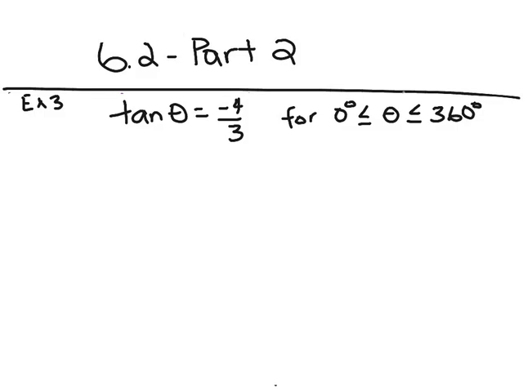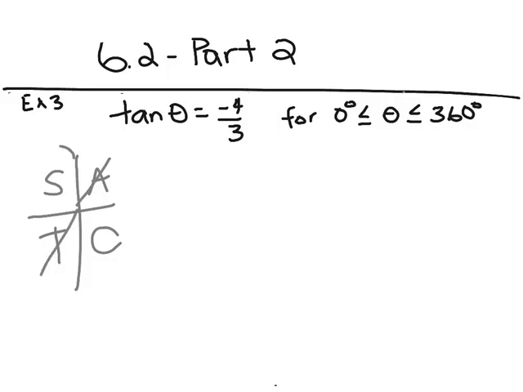So first we're going to decide which quadrants it's going to lie in. Because of CAST, we know that in quadrant 3 it's going to be positive, and in quadrant 1 it's going to be positive. We want tan to be negative, so we know it has to lie in either quadrant 2 or quadrant 4.